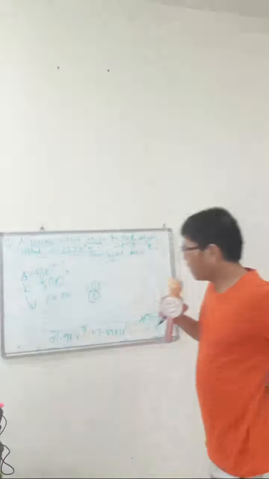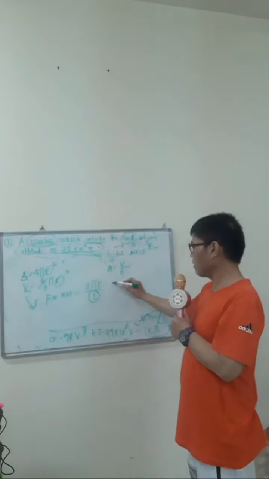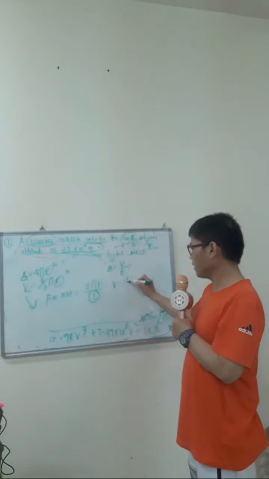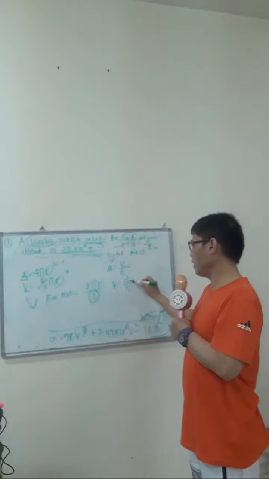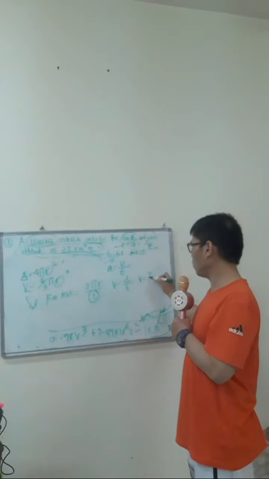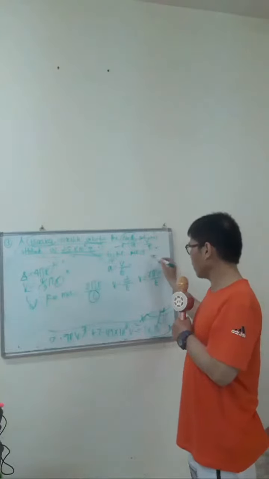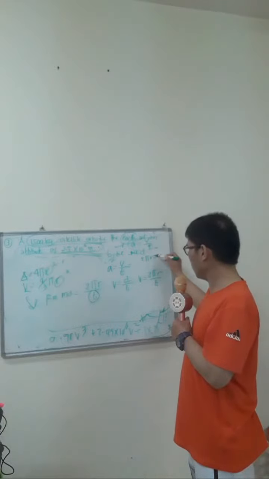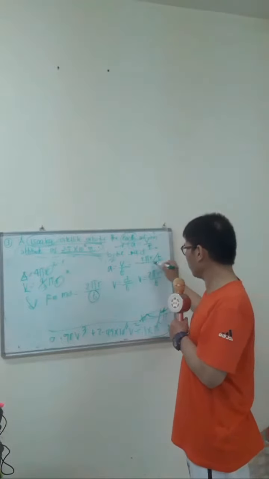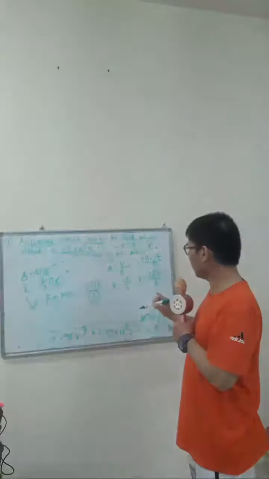Acceleration is equal to velocity over time. Velocity is equal to distance over time, and the velocity is equal to 2 pi r over time. Substitute this 2 pi r, so velocity is 2 pi r over time, divided by time. So that is your acceleration.